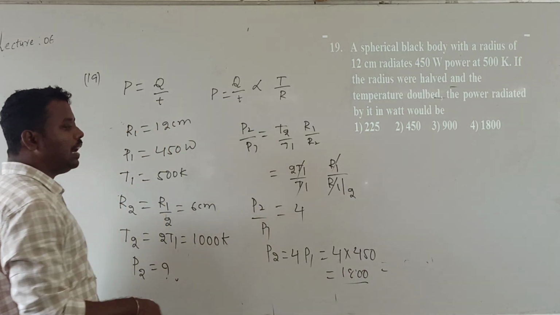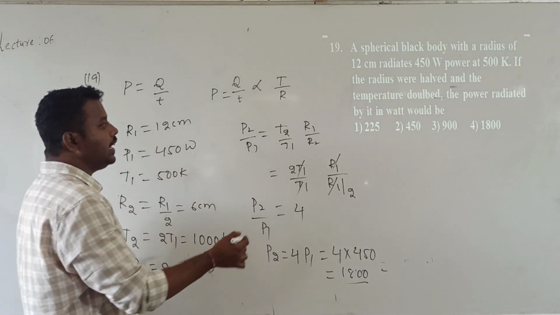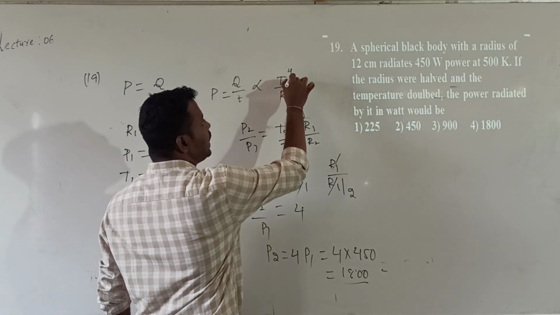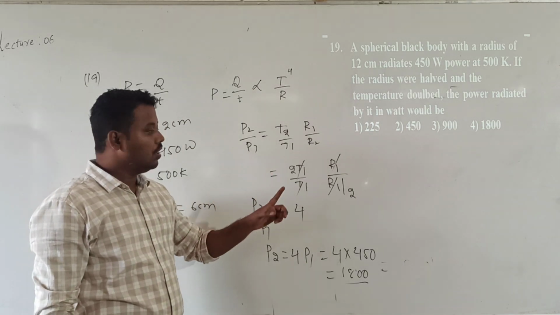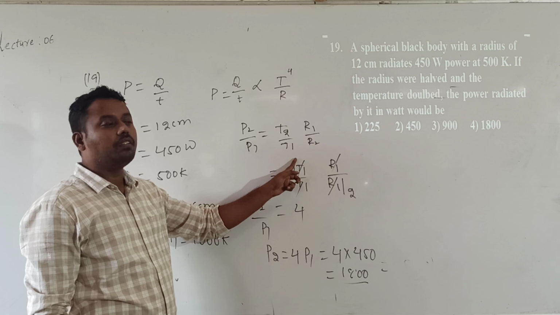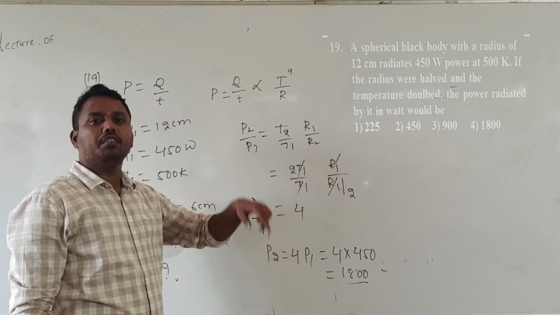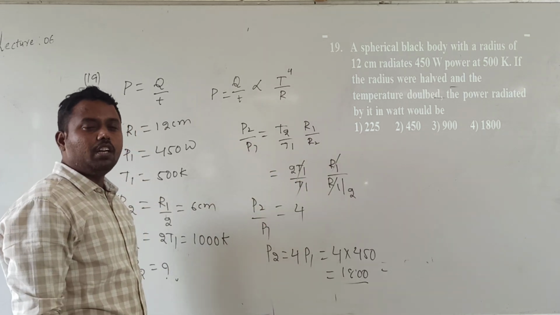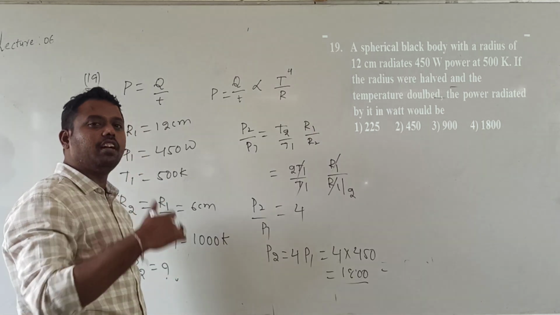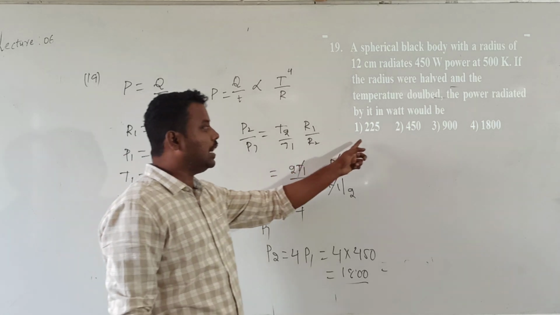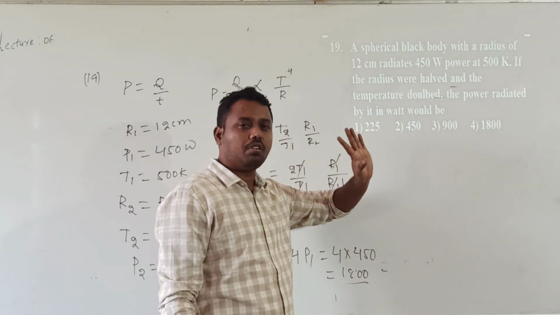Then you might ask, sir, why should I not take T power 4? When I take T power 4, I get 2 power 4 into 2, which is 2 power 5, that is 32. So 32 into 450 will not match any option.